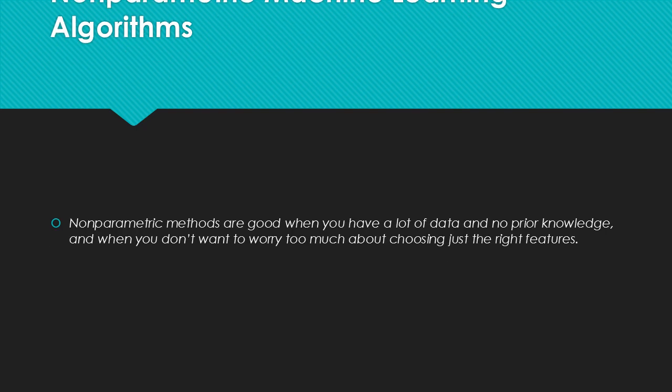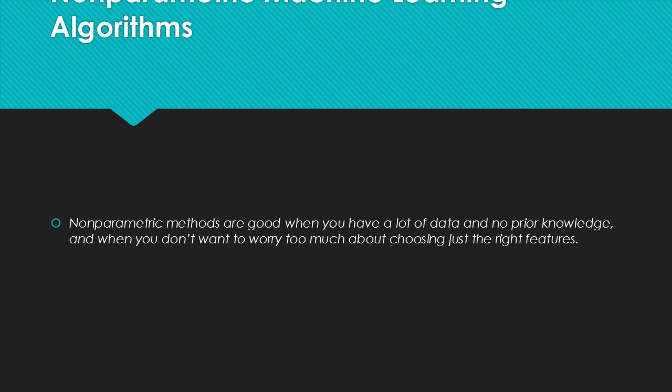The next type is the non-parametric method. If the parametric method has a fixed number of parameters, the non-parametric one for sure is not fixed. Dynamically, the number of parameters can change depending on the size of the training data.